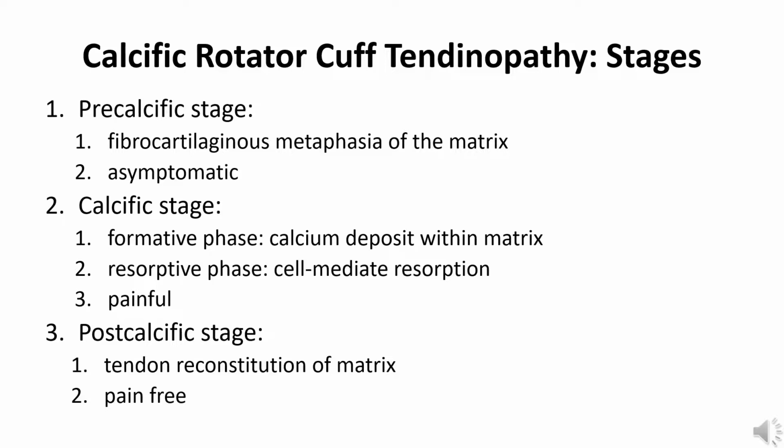The first is the formative phase, where calcium is deposited within the matrix. In the second phase, the reabsorptive phase, there is cell-mediated reabsorption of the calcium. This is the phase wherein patients are symptomatic. Finally, as the calcium gets reabsorbed, the tendon reconstitutes within the matrix, and the patients now are pain-free.